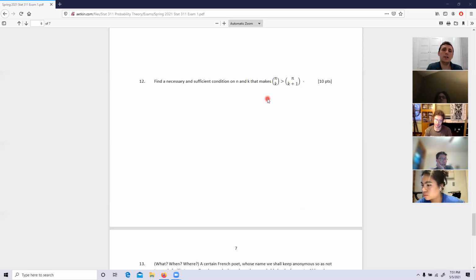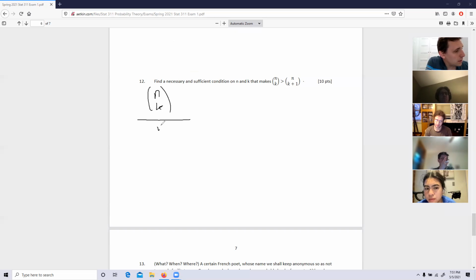All right, so find the necessary and sufficient condition on n and k that makes n choose k bigger than n choose k plus 1. You can, for instance, do something like n choose k divided by n choose k plus 1. And what is that?